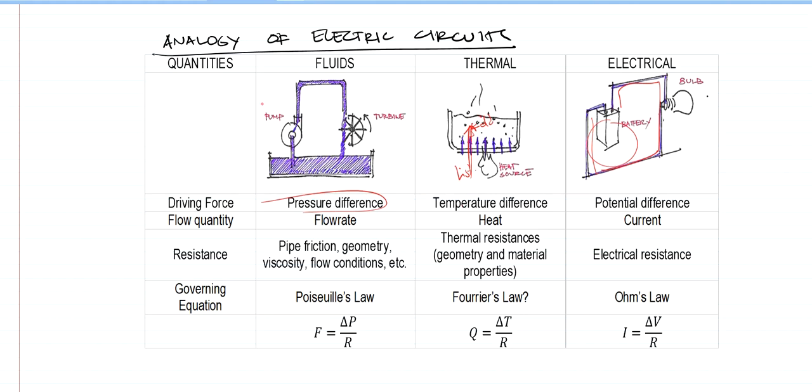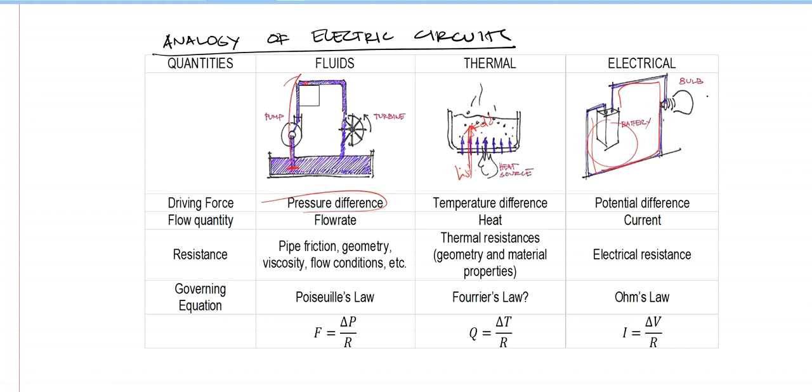But of course, this is just in closed pipe systems. In fluid mechanics, we've also learned about open channels, so it's a different type of system. For this one, it's the pressure difference that drives the flow, right? And the pump is a device that increases the pressure so that the water can flow from this point to that point, right?